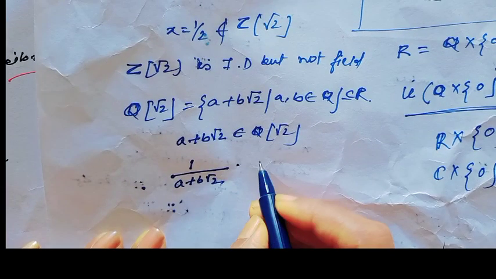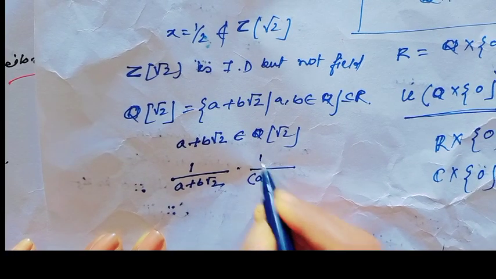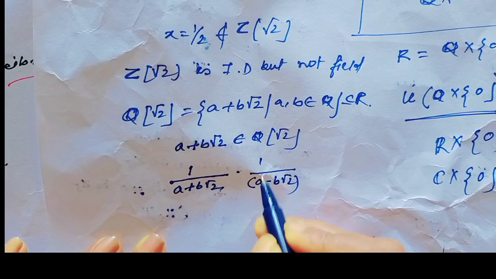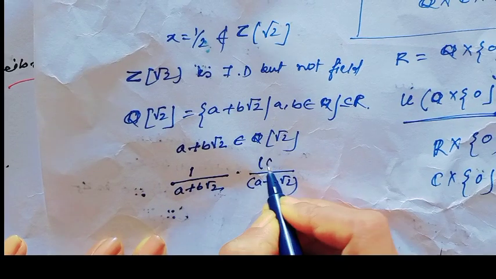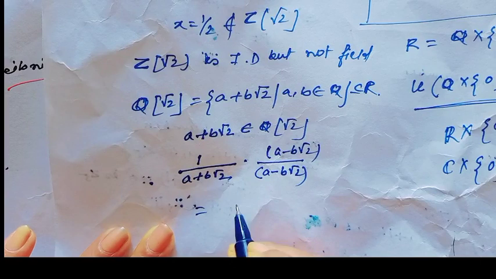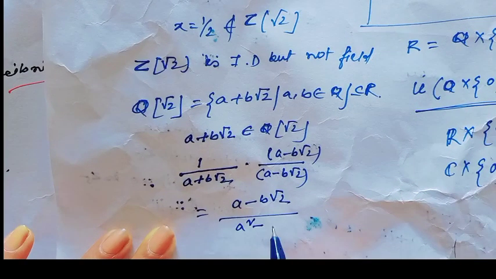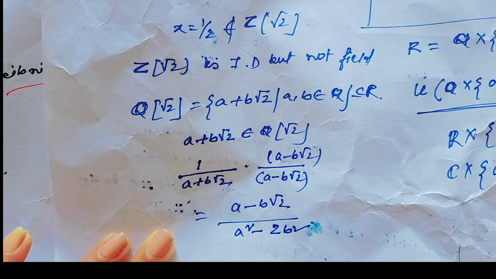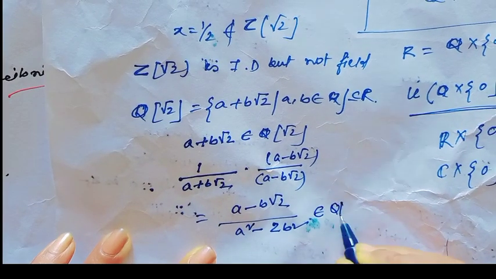For this, to cancel the root 2 in the denominator, multiply by its conjugate, a minus b root 2, which gives a minus b root 2 over a square minus 2b square. And obviously this is a member of Q root 2.